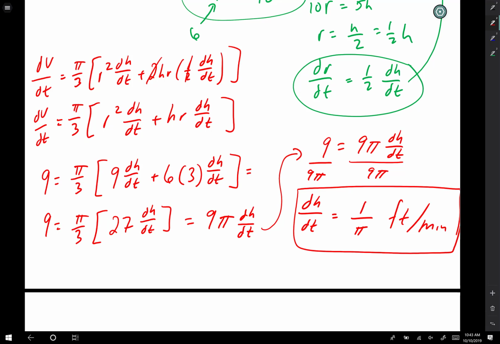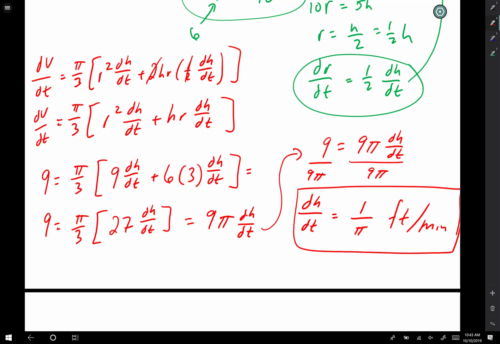It's dH dt, how fast it's rising, how fast it's going up. Feet per minute. Volume is cubic feet per minute. If you were to put all the units in here, it would work out, as long as our units are consistent, and they are.